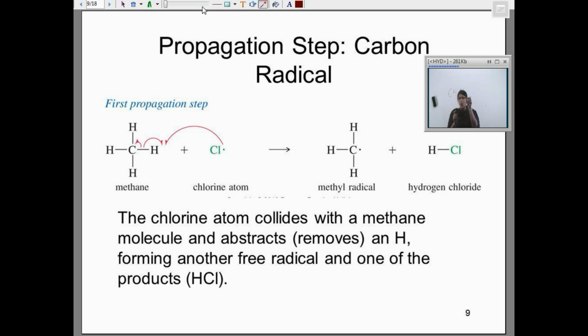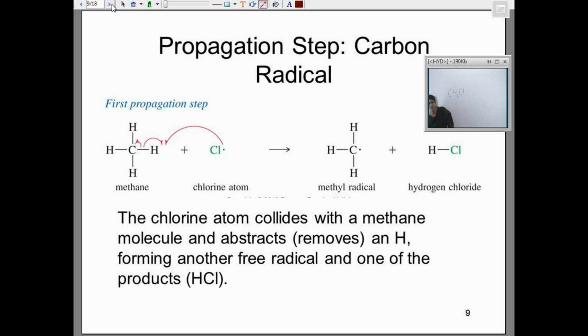But 1 electron is left on the carbon. You can see that this electron is left. Now hydrogen has taken its electron, so again a free radical is formed. Which radical is this? Methyl radical.